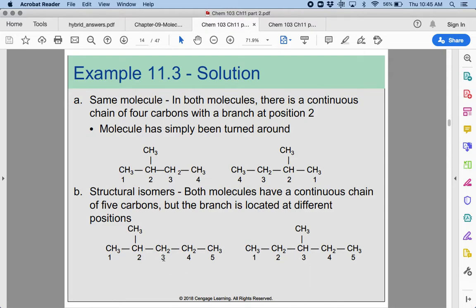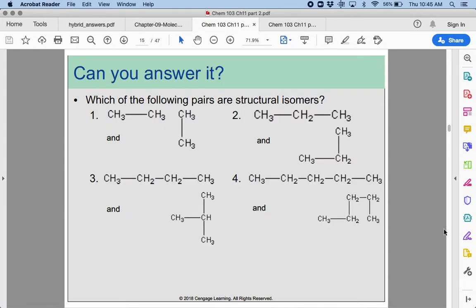So there's no way I could rearrange or flip the molecule so that it looks exactly like it did before. So these would be structural isomers of each other. Same formula, different arrangement. I'm going to pause the video here and give you an opportunity to go through and figure out this problem. These are our structural isomers.